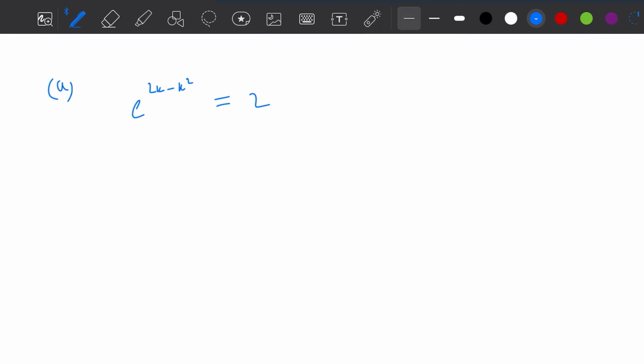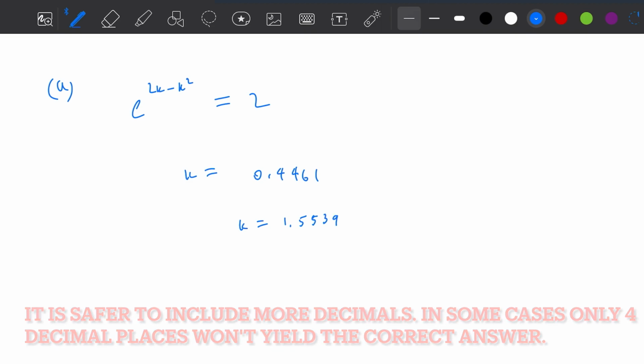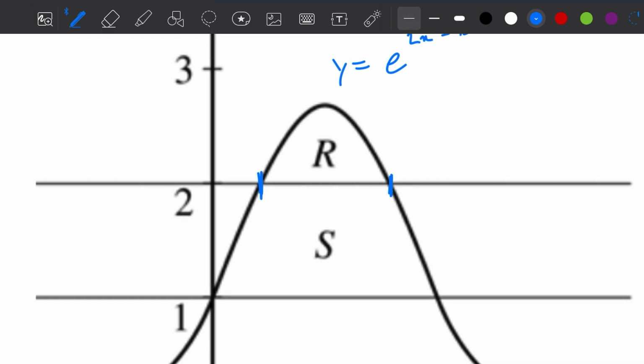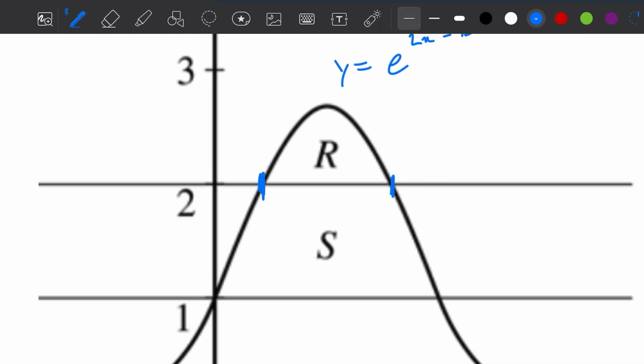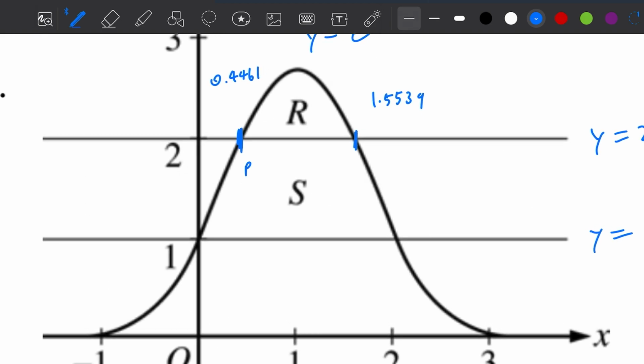Solving this equation using a calculator gives us x equals 0.4461 and x equals 1.553. So we can say that this value right here is 0.4461 and this right here is 1.5539. For simplicity, we can define these points as P and Q.